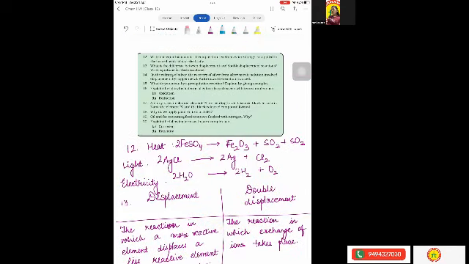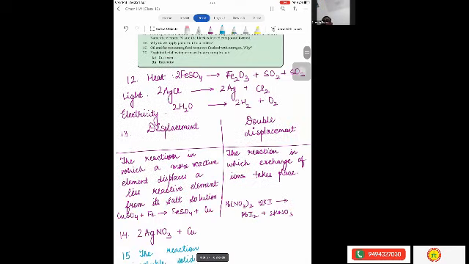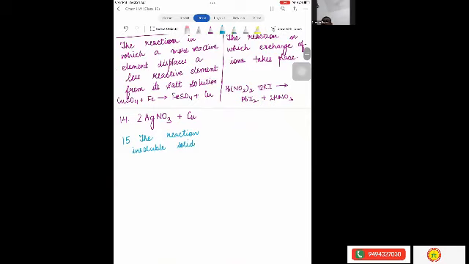Explain the following terms in terms of gain or loss of oxygen with two examples each. Tell me for oxidation. Oxidation reaction, gain of oxygen, and in reduction, loss of oxygen. Very good.